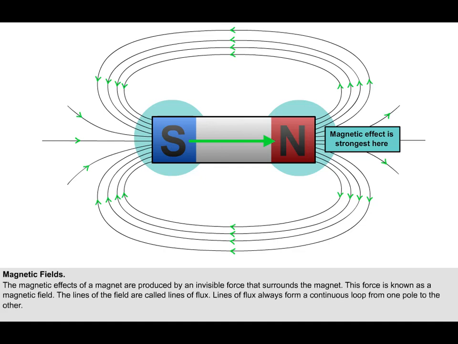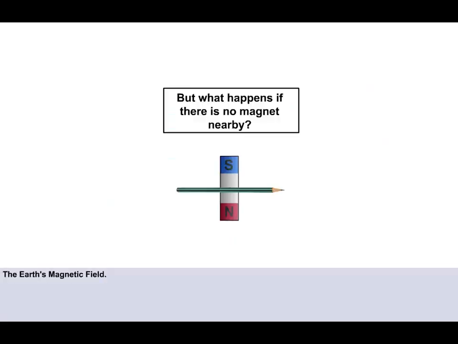Although in our diagram some of the lines are shown incomplete, they are always a continuous loop, from one pole to the other. We have seen that a freely suspended magnet comes to rest along the field lines of a fixed magnet. But in what direction will it come to rest if there is no other magnet nearby?